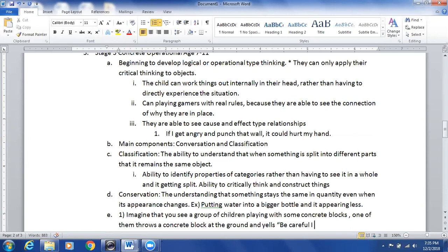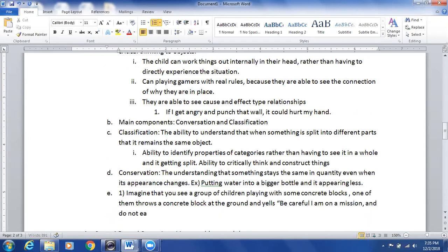I am on a mission and do not want anyone to get an operation." So when the kid throws a block, the concrete block, he yells he doesn't want to get an operation, so the kids run away.